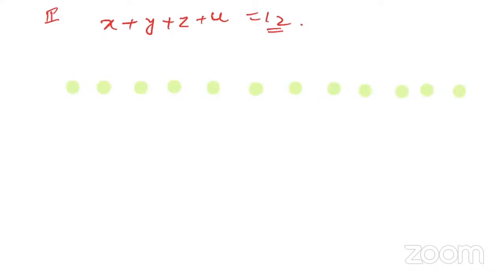Now we have to divide into 4 parts. If I'm taking 4 separations, for 4 separations I need 3 separators. Separator means, if these 3 lines are there, this complete thing is divided into first, second, third, and fourth part.